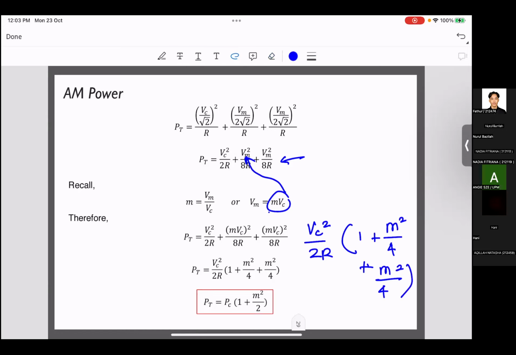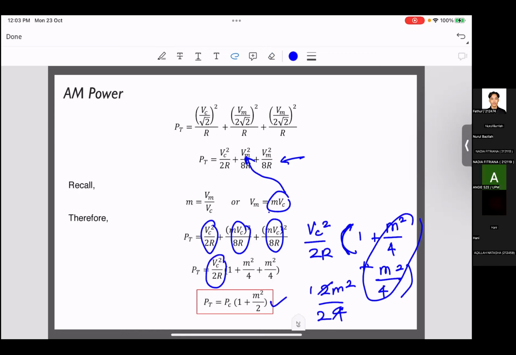Okay, so I took out Vc squared over 2R from this guy, and took out Vc squared over 2R from that guy. So I am left with 1 plus m squared over 4 plus m squared over 4. And then I add these two together. I get the 2m squared over 4, which gives me 1 over 2. So it becomes 1 plus m squared over 2 times Pc.